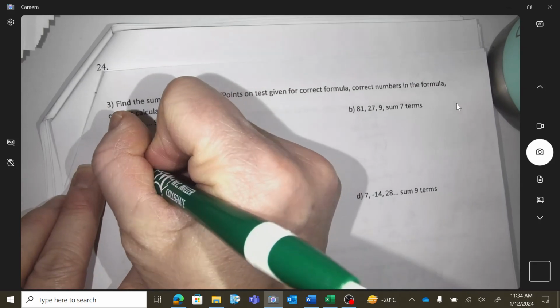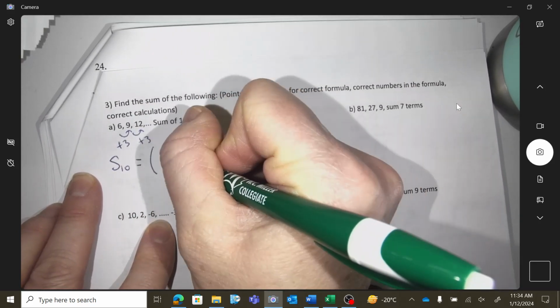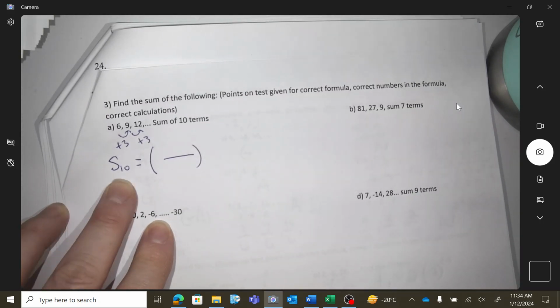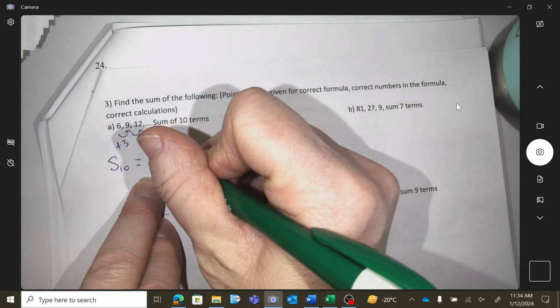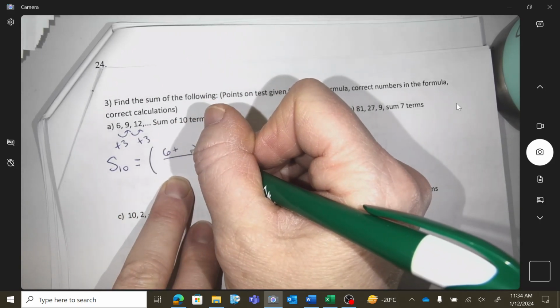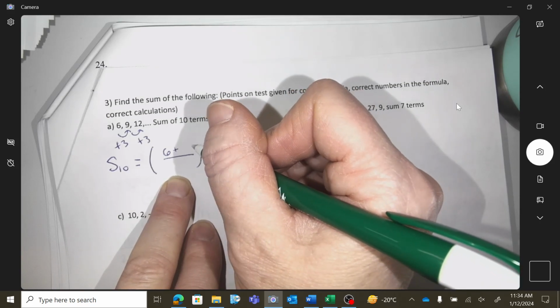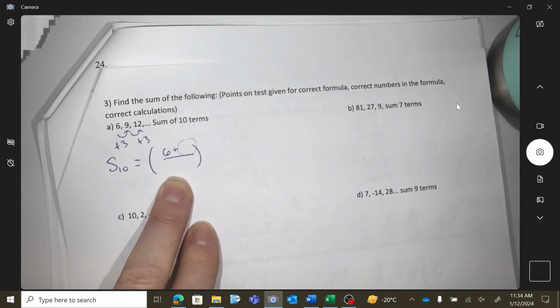So I'm going to go the sum of 10 terms equals the first term, which is 6, plus the last term over 2 times the number of terms. Uh-oh.